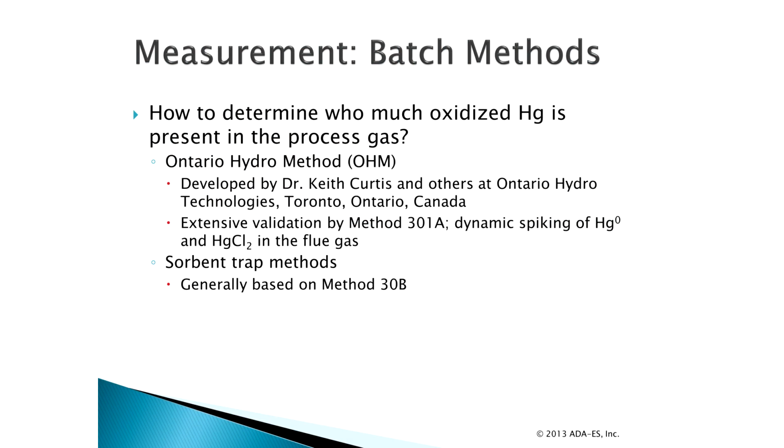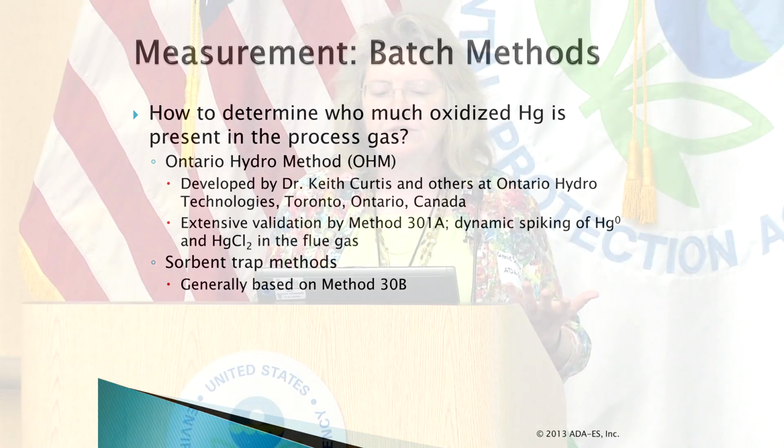Just briefly to talk about measurements, because if you're trying to understand how much oxidized mercury is present in the process gas, you have to figure out how to measure that. If you're just concerned about stack emissions, those are written in terms of the total amount of mercury emitted.